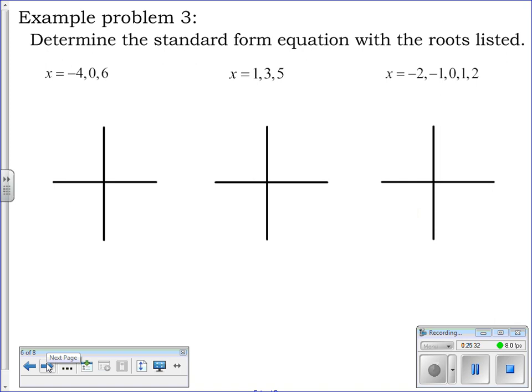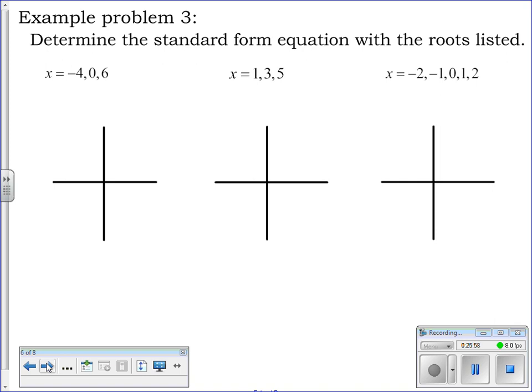Ooh, determine the standard form of the equation with the roots listed. I'm not going to worry about graphing this one, but I do want to come up with the equation for it. Here's what you do. I need to come up with my roots, and the factors that give me those roots.